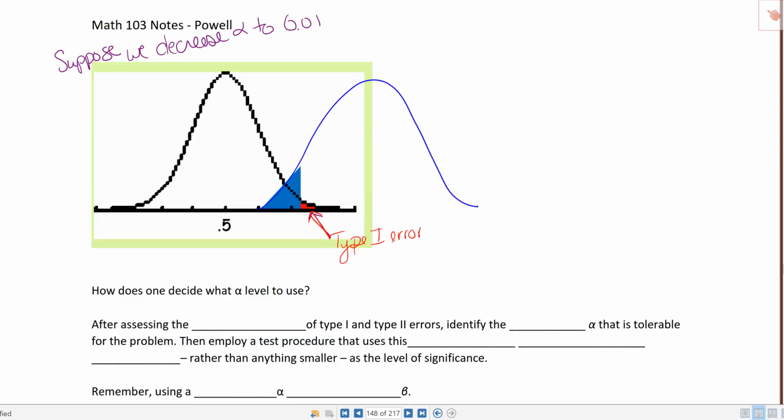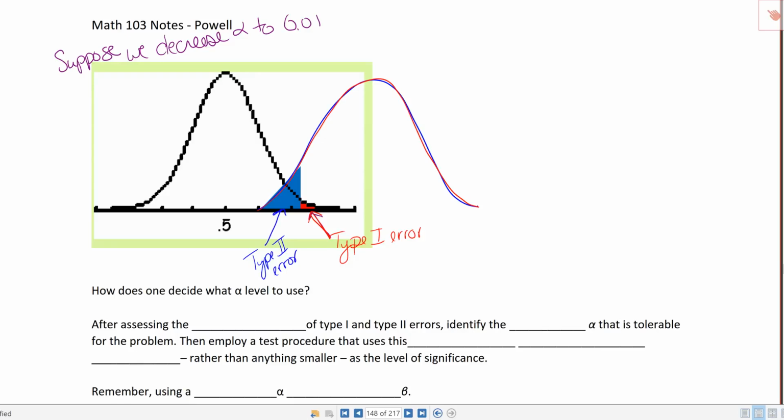But remember, this line right here represents the fact that if we should have rejected the null hypothesis and that alternative hypothesis was actually true, then what it does is it increases this type 2 error. Because there are more values now in that interval where we would fail to reject the null hypothesis when we really should have rejected it.